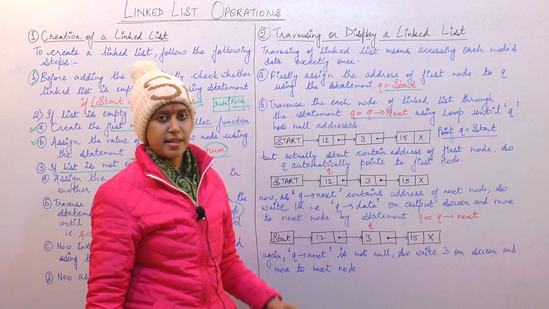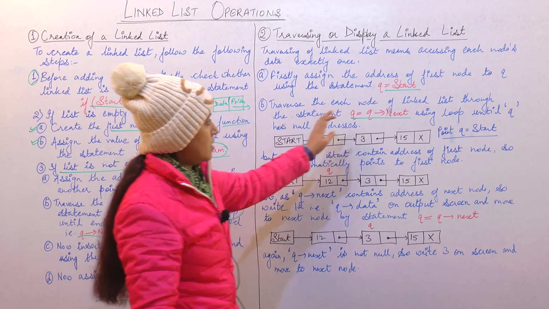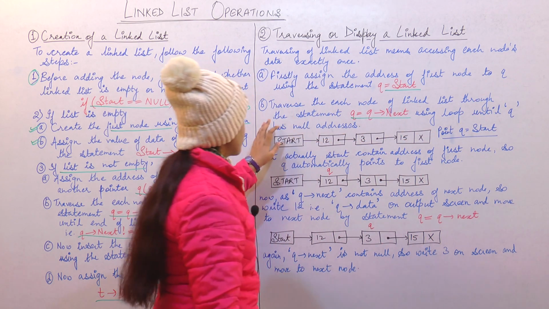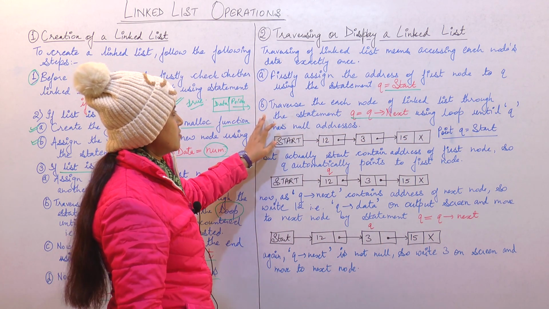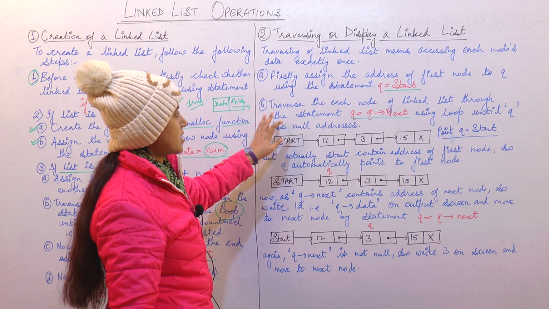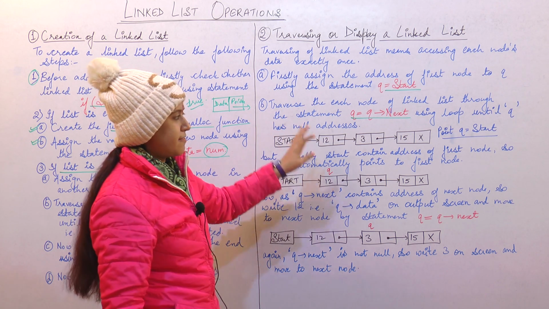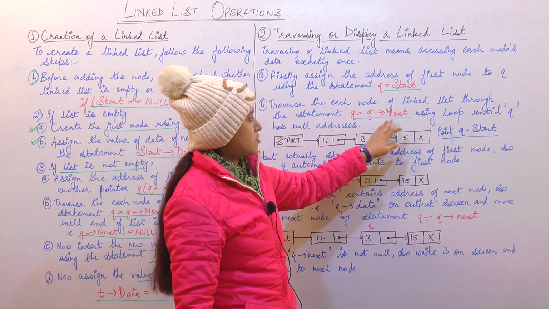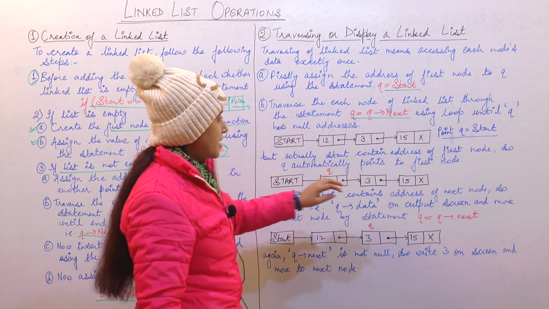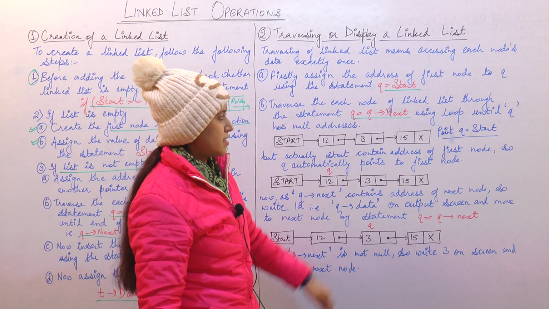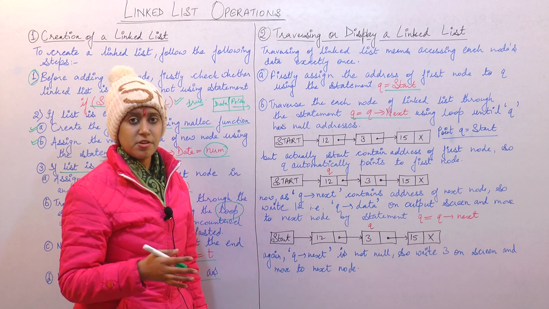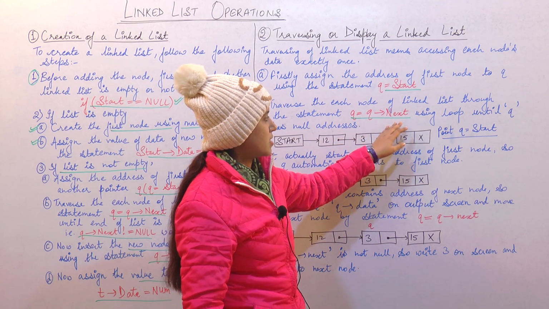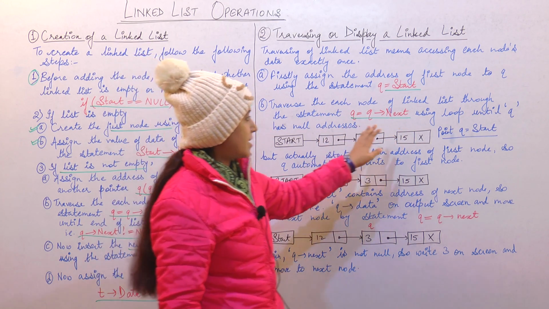After that, we traverse each node of the linked list through the statement Q = Q->next, using a loop until Q has a null address.